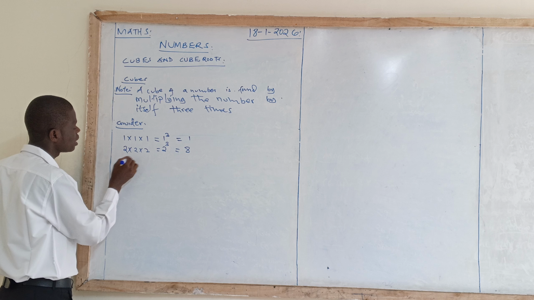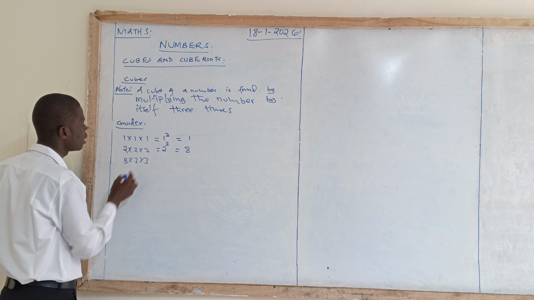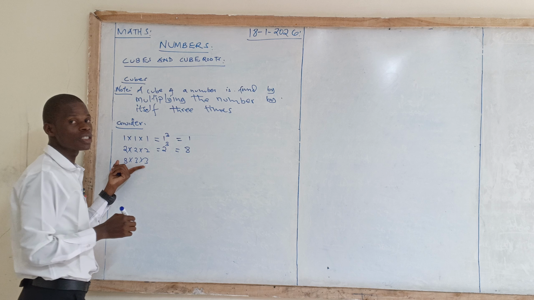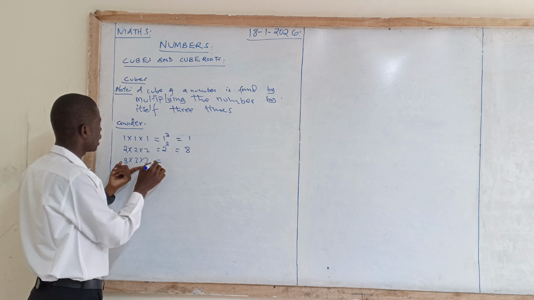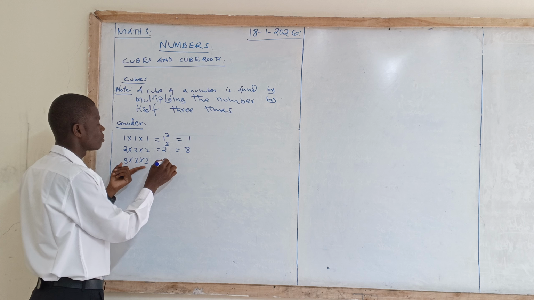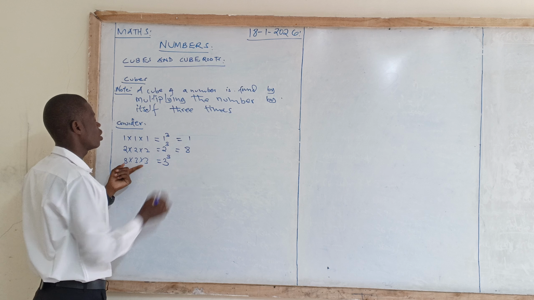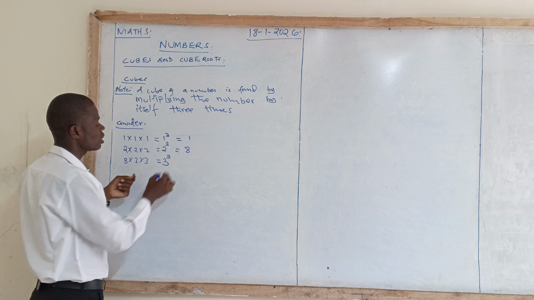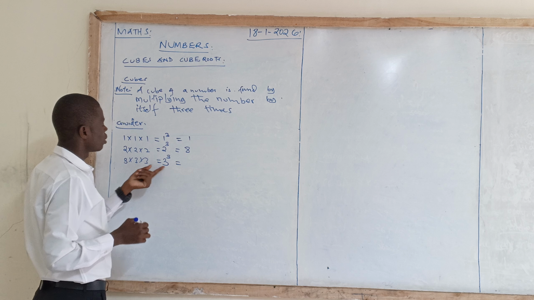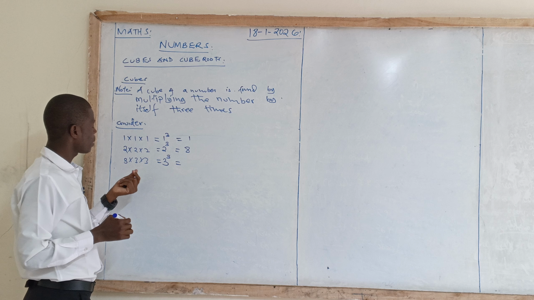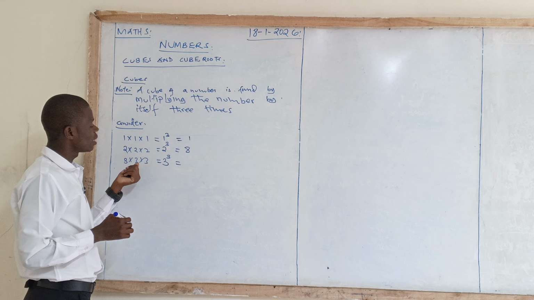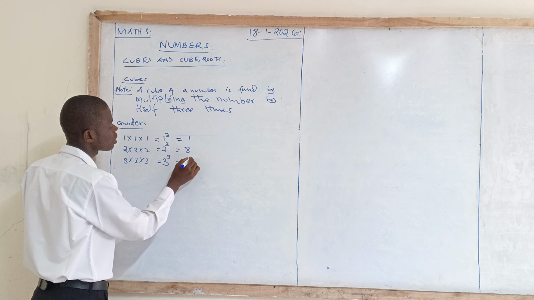Then if you have 3 times 3 times 3, it is multiplied by itself how many times? 3 times, which is giving us 3 multiplied by itself 3 times. So 3, the number of times it's appearing, that's now 3 written on top there. Then we multiply. 3 times 3, that is 9. 9 times 3, that's now 27.